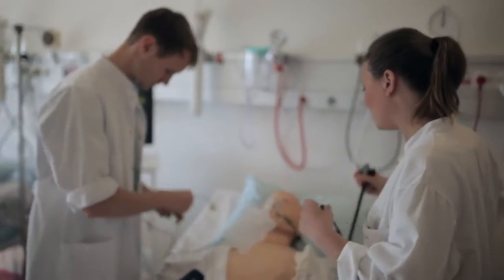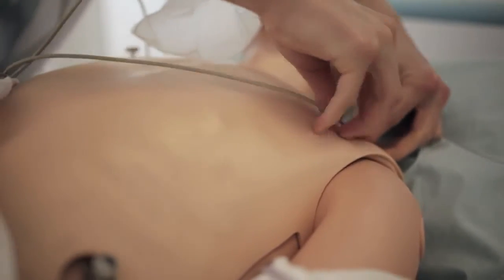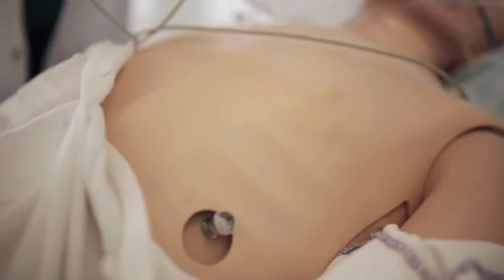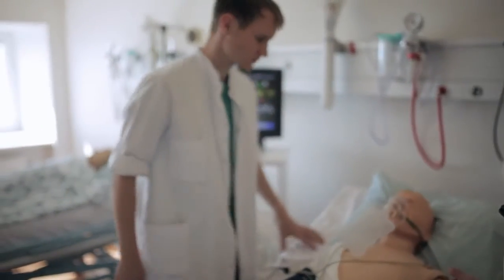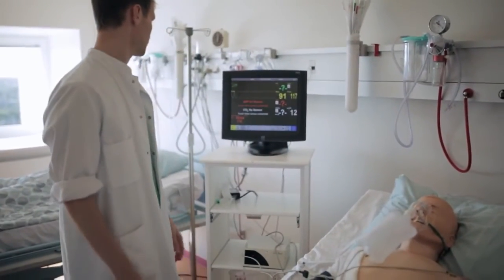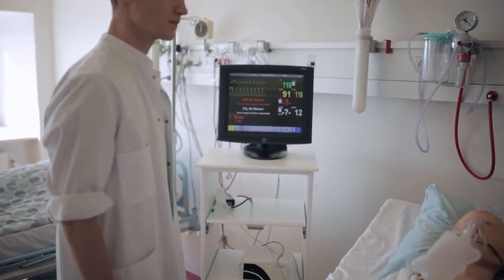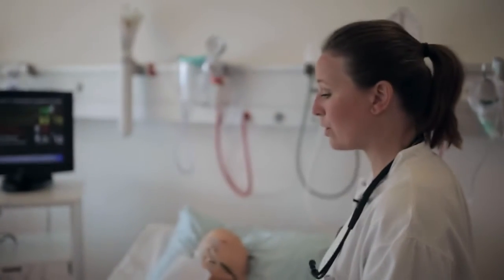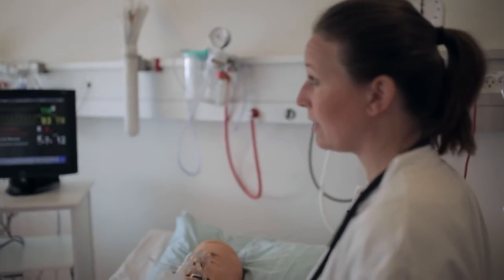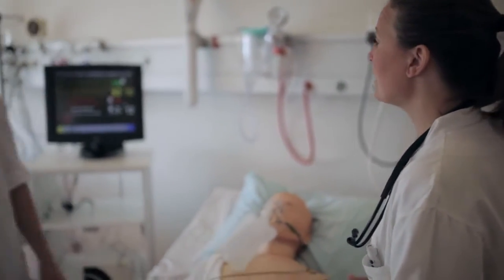Heart sounds are normal. And Mr. Jensen has a blood pressure of 96/64, so he's a little bit hypotensive and his pulse is 116. So could you insert one large IV cannula and hang up 1 liter of saline? Yes, that will do it. Yes, thank you.